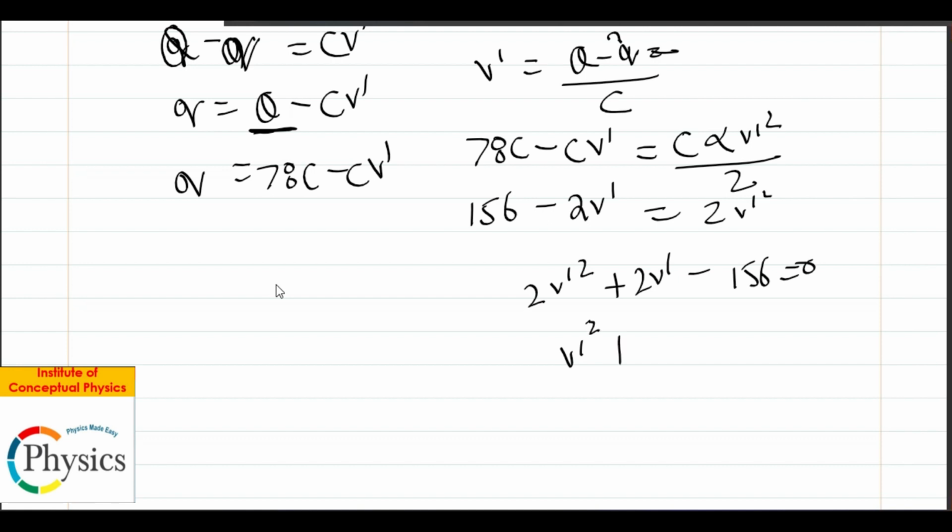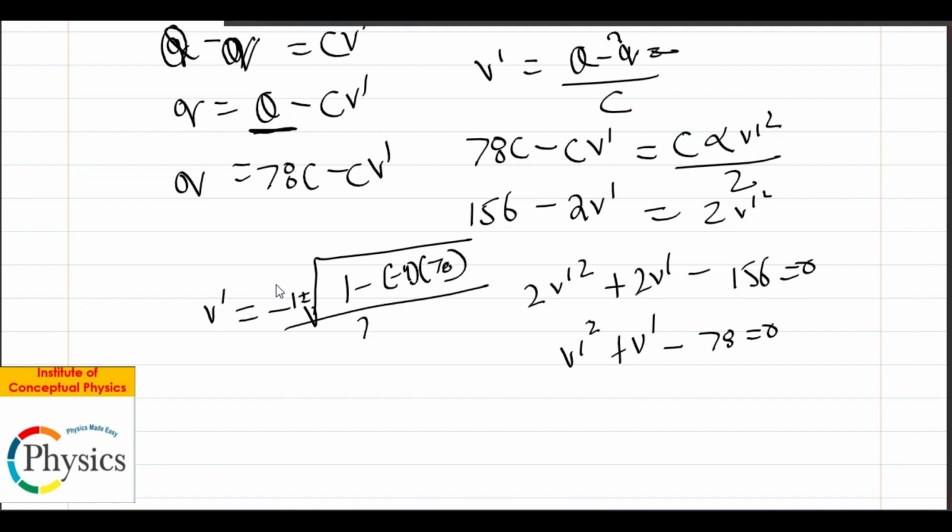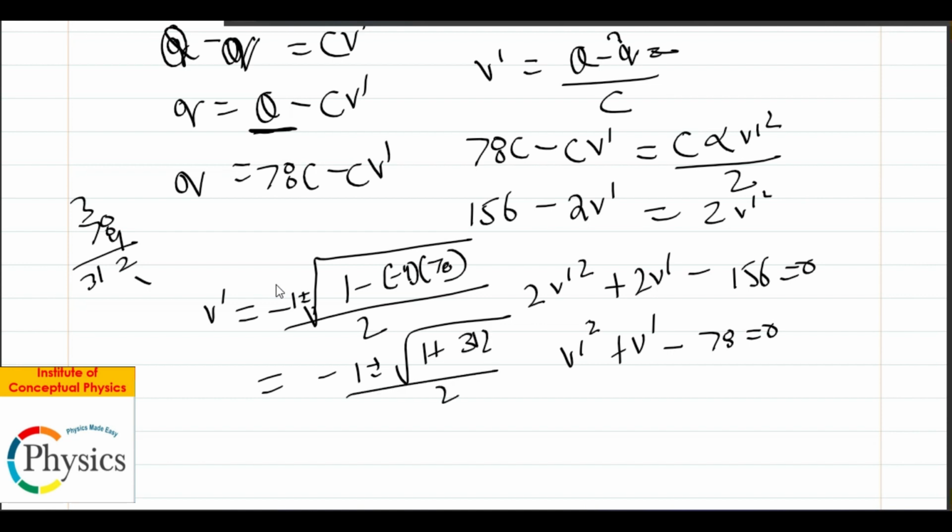So V dash square plus V dash minus 78 is equal to 0, and V dash is equal to minus 1 plus minus square root of 1 minus, minus 4 into, this minus comes from 78, the discriminant, divided by 2, is equal to minus 1 plus minus square root of 1 plus 78 into 4, 8s are 32, 312, right? So 312 plus 1, 313, divided by 2.